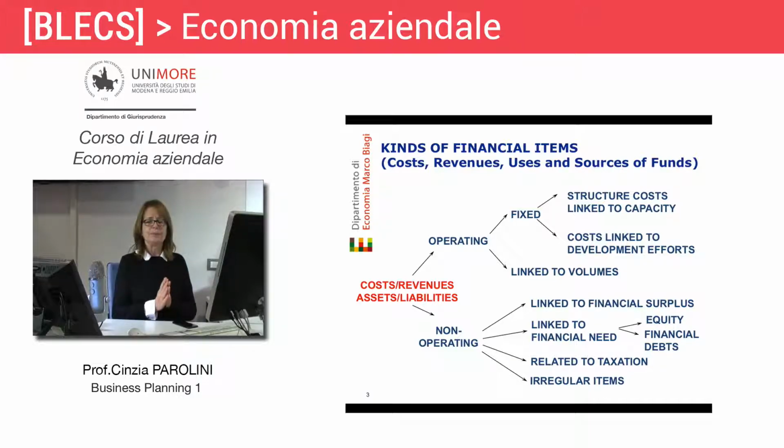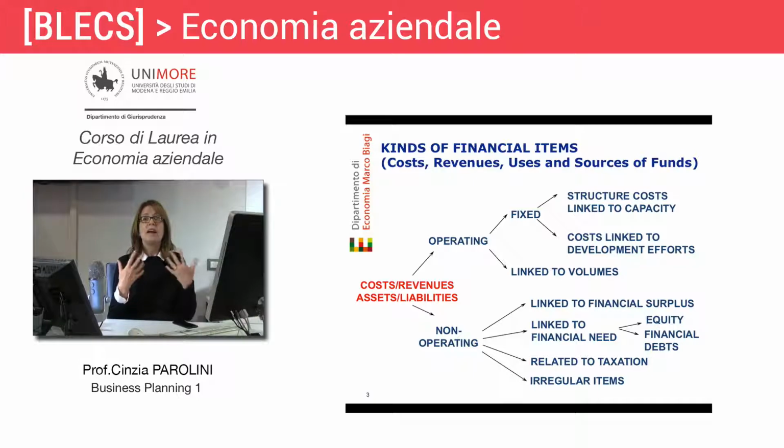First situation, the most common one: we have from operating activities a total of assets for, let's say, 1,000, and total operating liabilities for, let's say, 200. The difference is 800. So we need to finance our company for the total amount of 800.